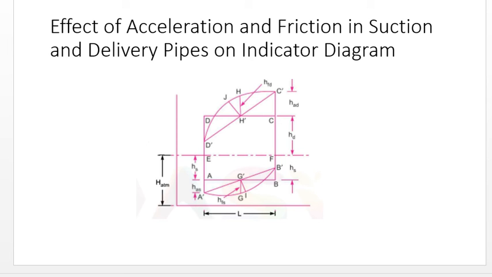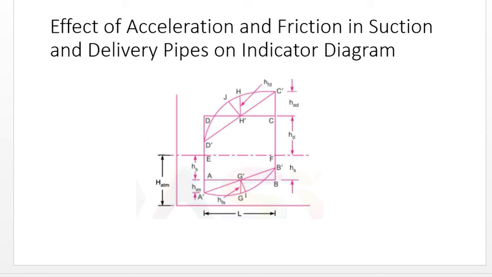And at the end of the delivery stroke, the HAD value will be negative because it depends on the value of cos theta, and cos 180 is -1. That's why this is a negative value. So at the end of the delivery stroke, the total pressure head in the delivery pipe will be HD minus HAD.